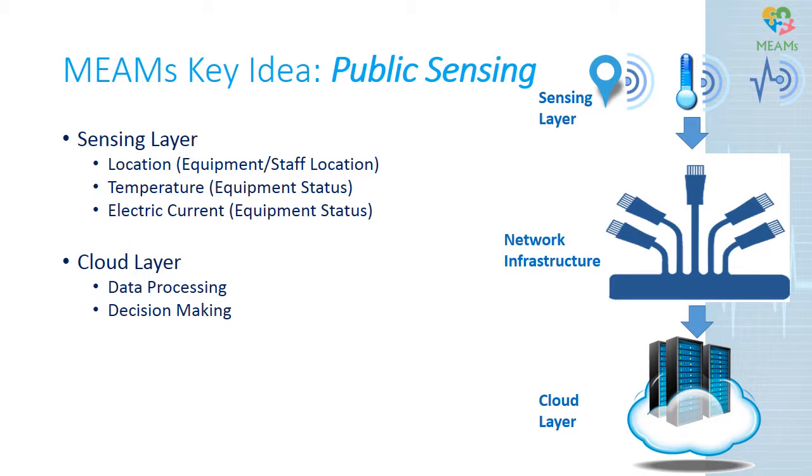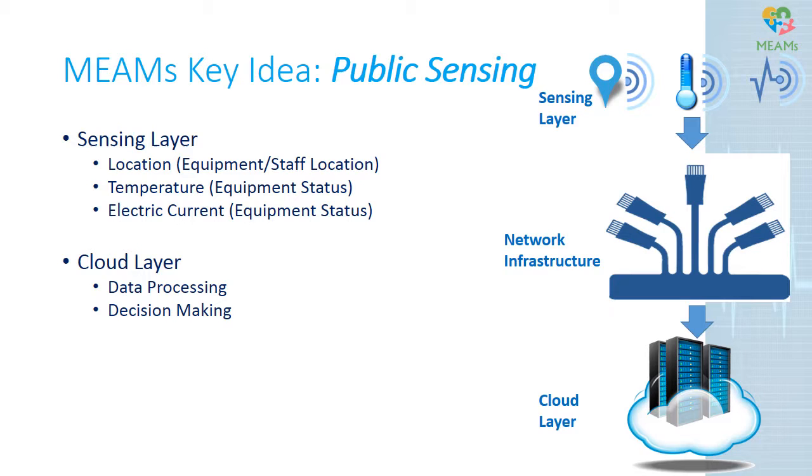What is more innovative in this proposal is to utilize temperature and electrical current sensing of the equipment to know its operational status, whether it's on or off. By checking these measurements relative to existing calibrated profiles of this equipment, we can also have an idea about its wellness, whether it is functioning well or not, and whether it needs maintenance updates or not.